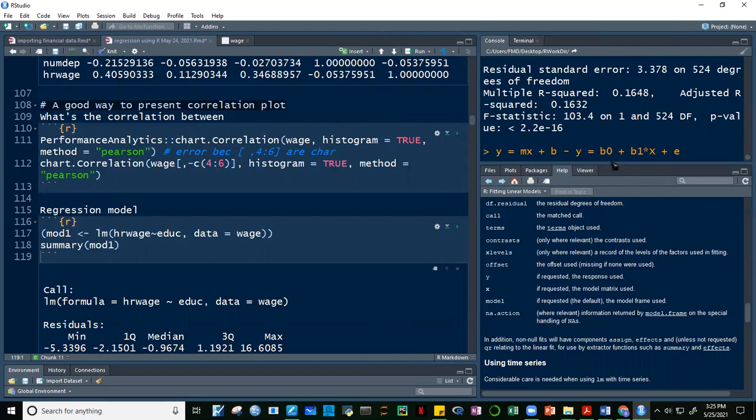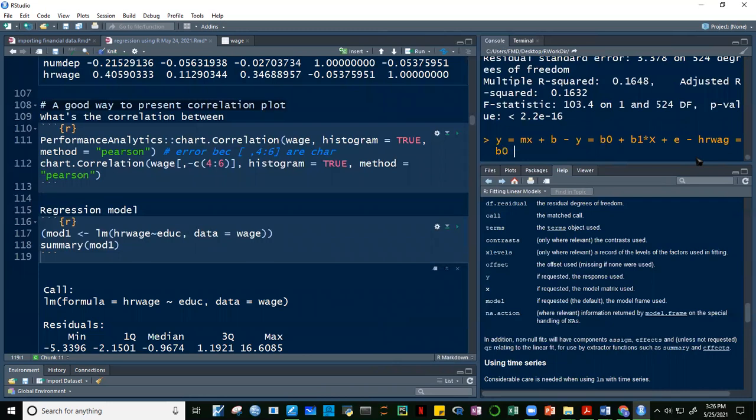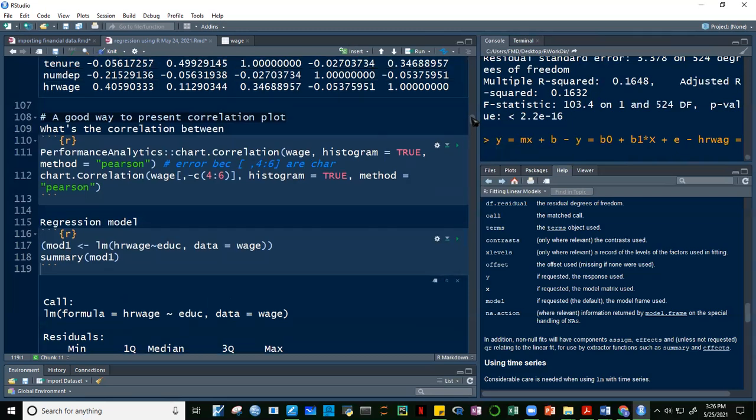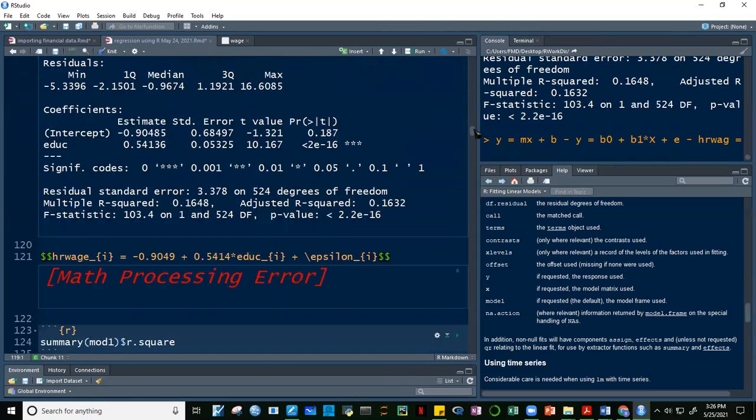So our y is hourly wage. So this is actually equal to hourly wage is equal to beta null plus beta1 times education. Our beta null is our intercept, negative 0.9, round ko na lang, negative 0.905, plus 0.54 times education plus a certain error term.